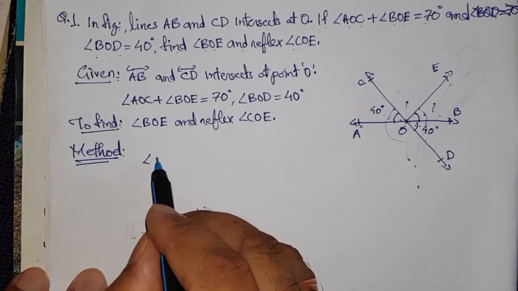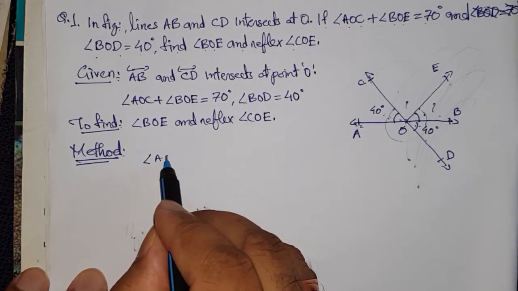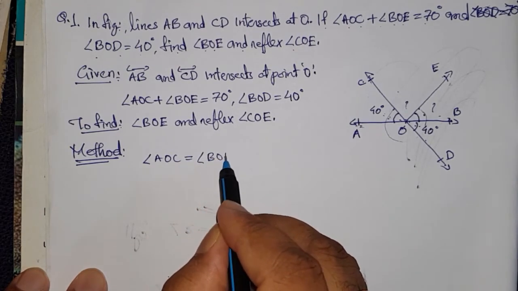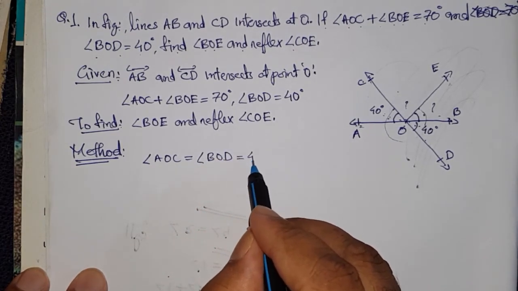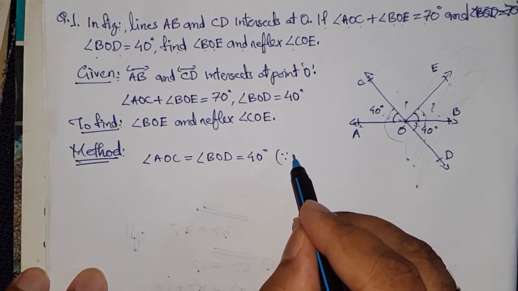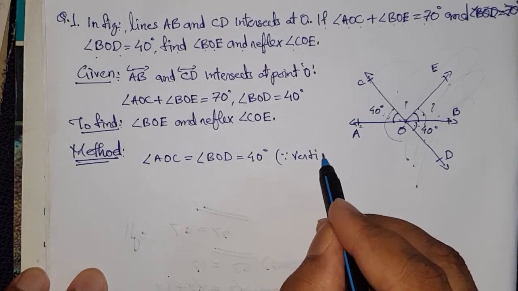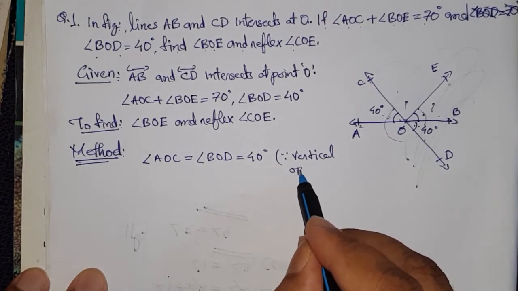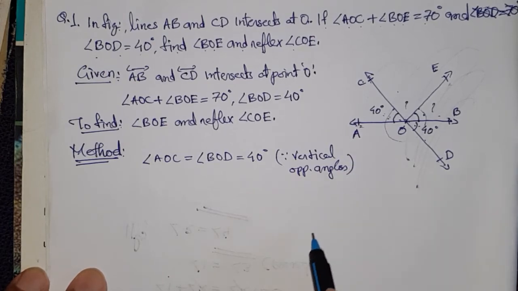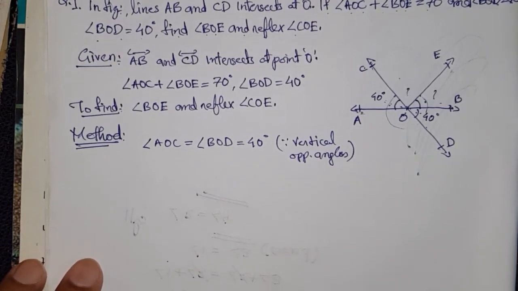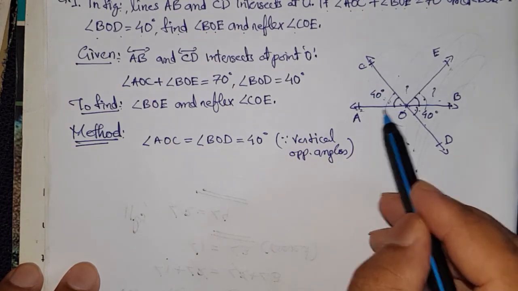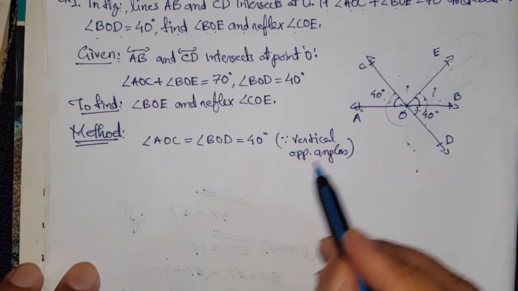So you can write here angle AOC is equal to angle BOD, since both are 40 degree. So you can write since vertically opposite angles. So one of the angles we got here, AOC, that is 40.